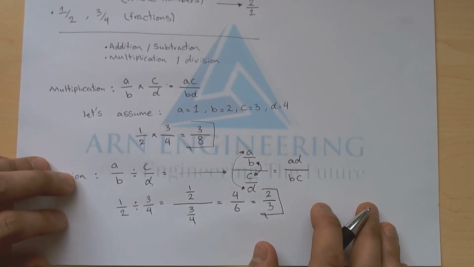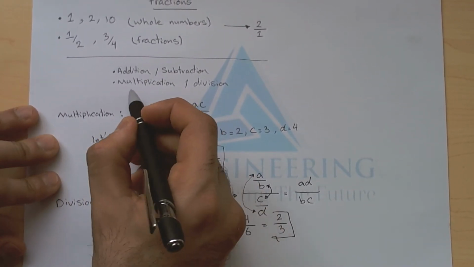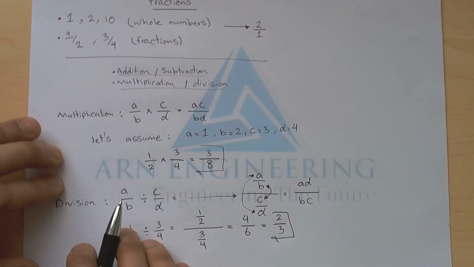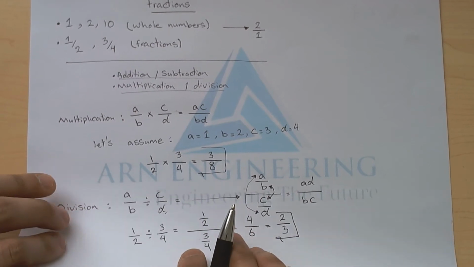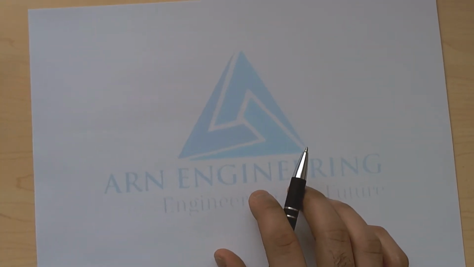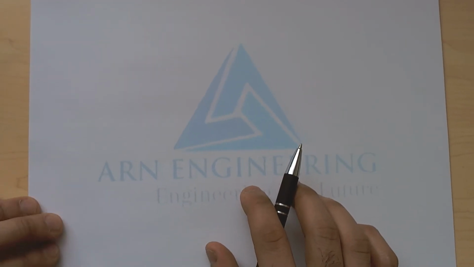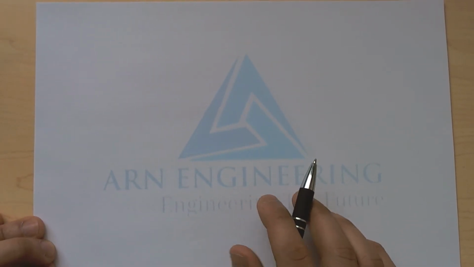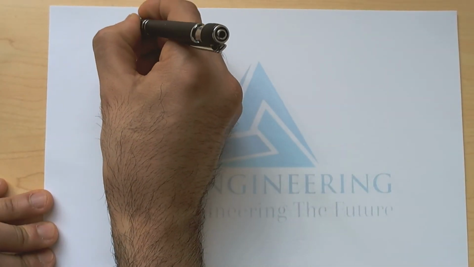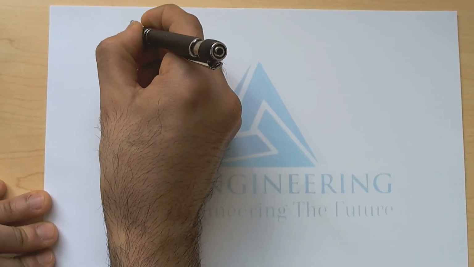Right? So we've covered multiplication and division so far. Now let's look at addition and subtraction. So let's go back to the general form of fractions. So we just show them as a over b.